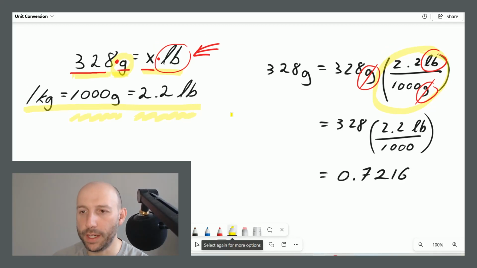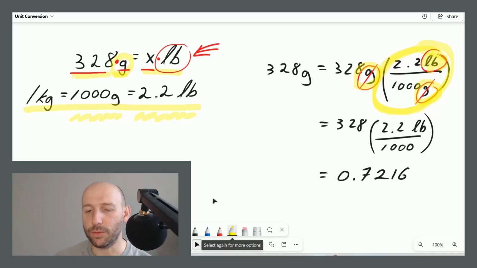And why you want to make sure that you write this as 2.2 pounds divided by 1,000 grams and not 1,000 grams divided by 2.2 pounds is so that the units that you don't want can cancel out, right? So the unit you want to get rid of has to be in the denominator. The unit you want to keep, the pounds, should be in the numerator. This is again the correct formal way of doing it.